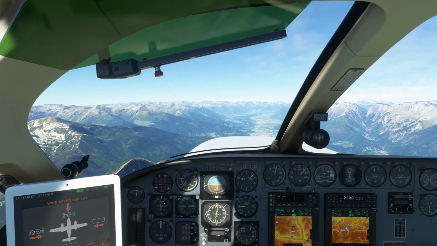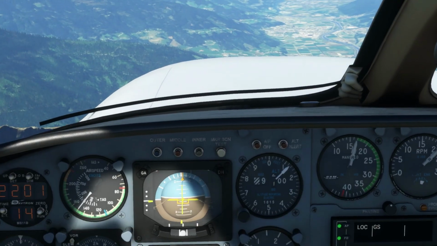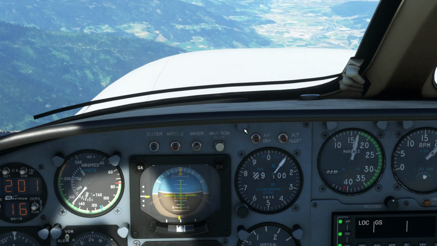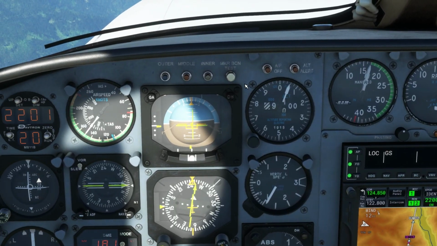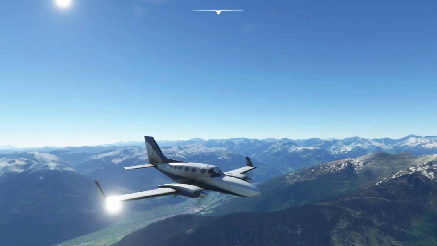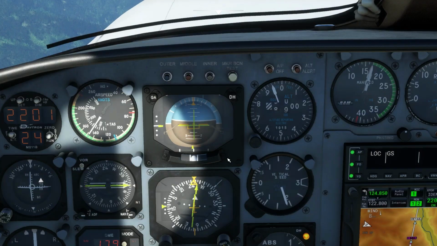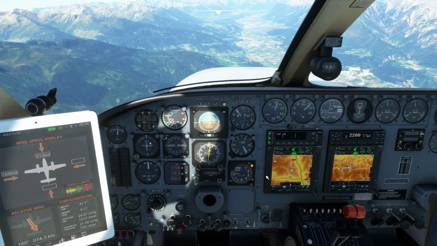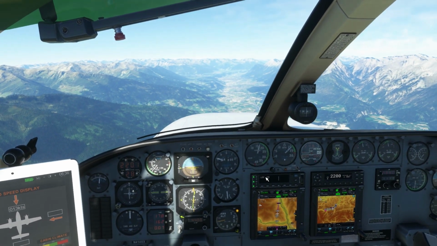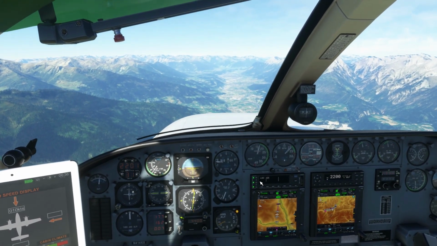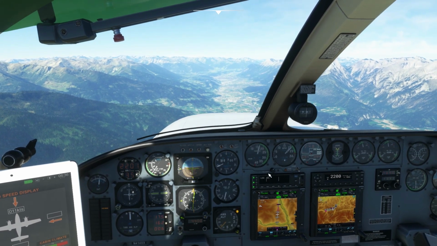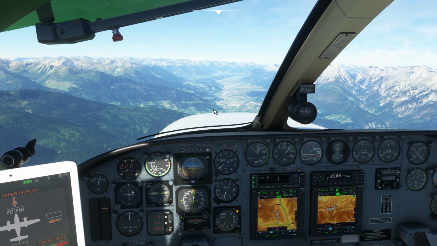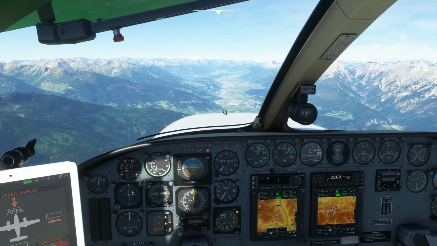We are under 170, so flaps 15. Lots of turbulence. Let's put gear down. We can put gear down because the gear can be put down under 170, just like the flaps.